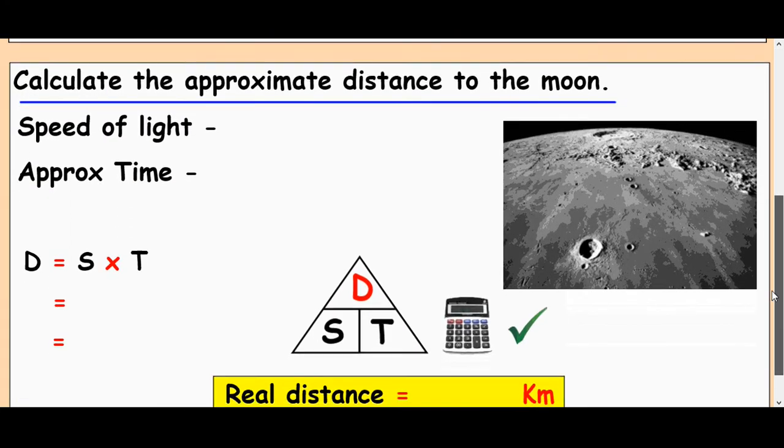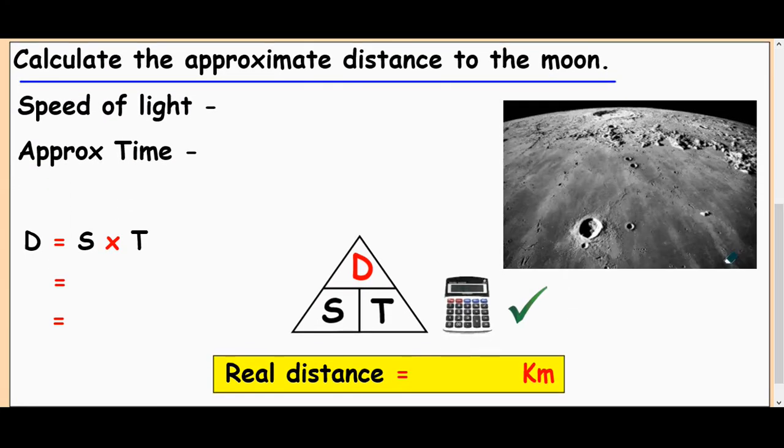Okay, final one. Calculate the approximate distance to the moon. This is the speed of light. You can look it up. It's 300,000 kilometers per second, which is a ridiculous amount. 300,000 kilometers per second. Let that sink in. The time it takes is 1.28 seconds, and you can then work out the distance.